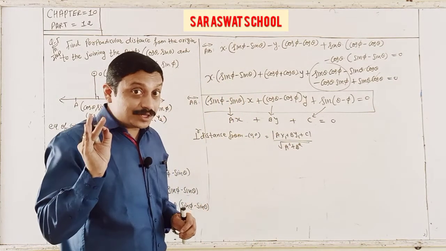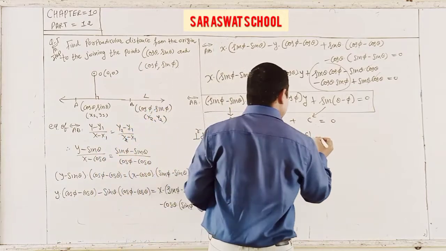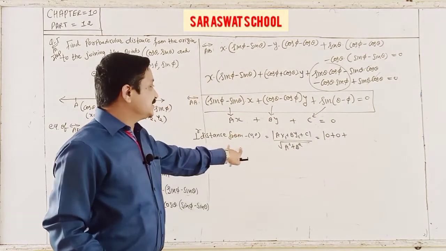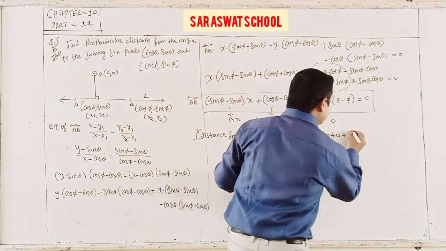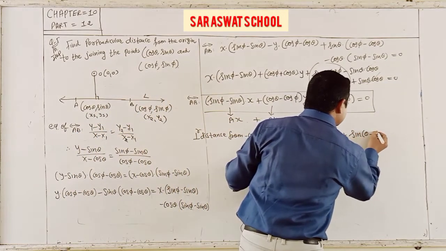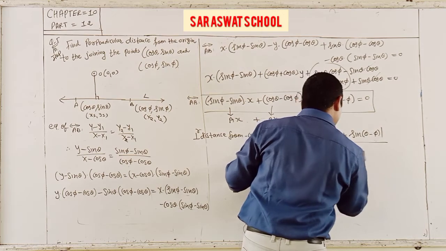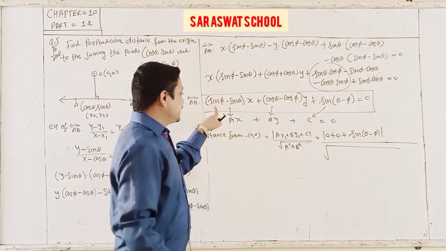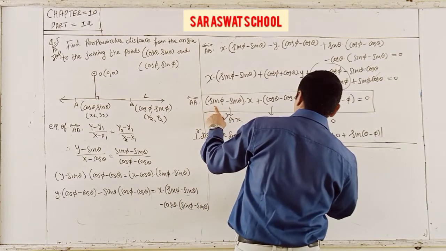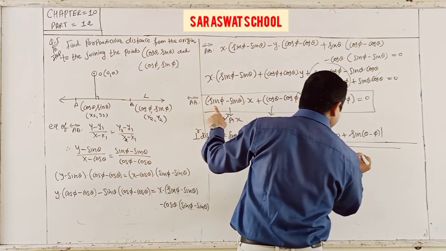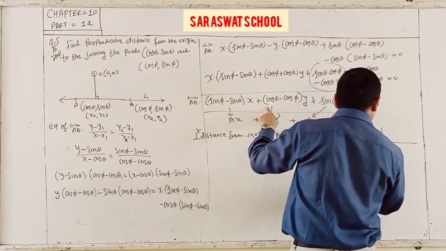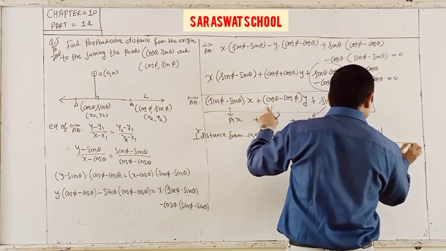That is a big calculation, sir. Now x1 is 0, y1 is 0, and c is what? Sin theta minus phi, upon root of a square plus b square. A is sin phi minus sin theta, whole square, same with cos theta minus cos phi, whole square.